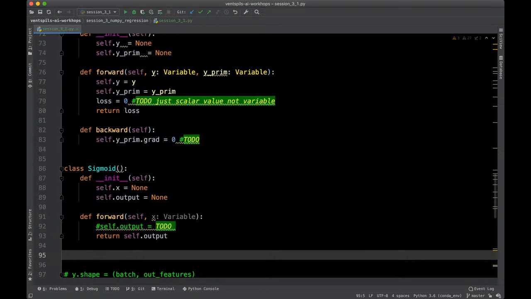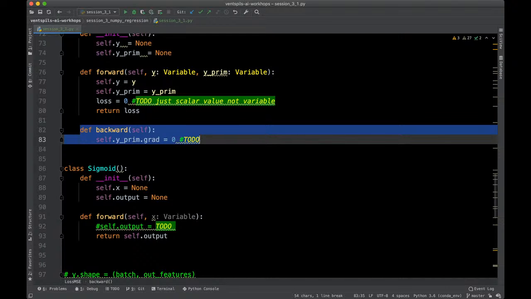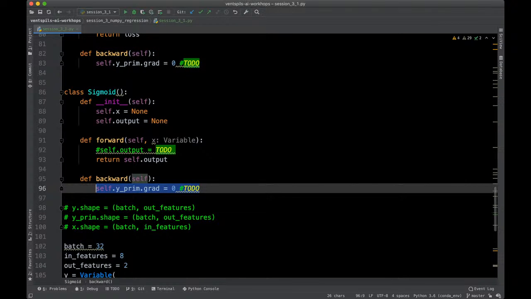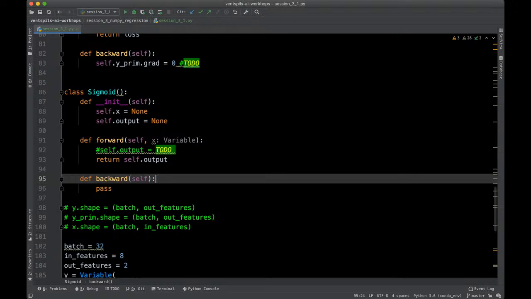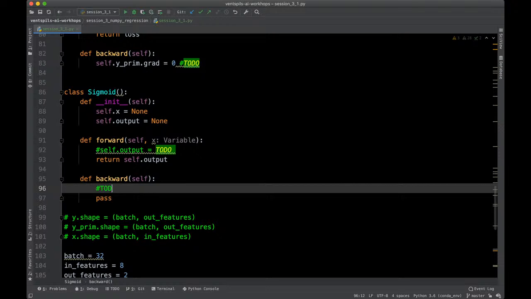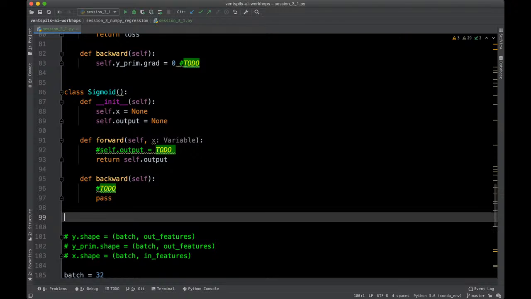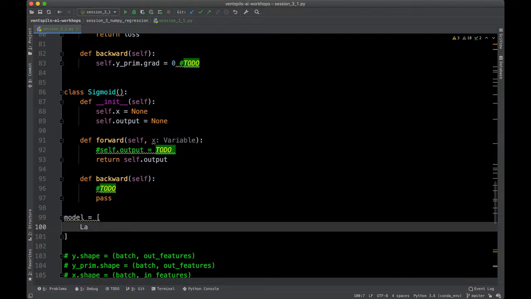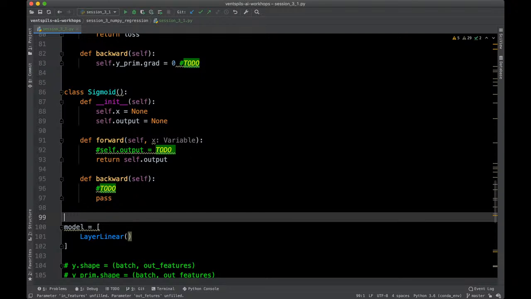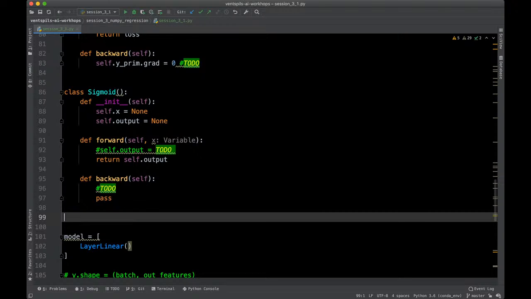Okay, and then you'll need to have a backward pass, right? So this is going to be pass, and here's going to be to do, and your model basically will be the following. So the model will consist of linear, linear. And we can actually make the same data set as we had in our today's session. So you just need to make it work using this structure.